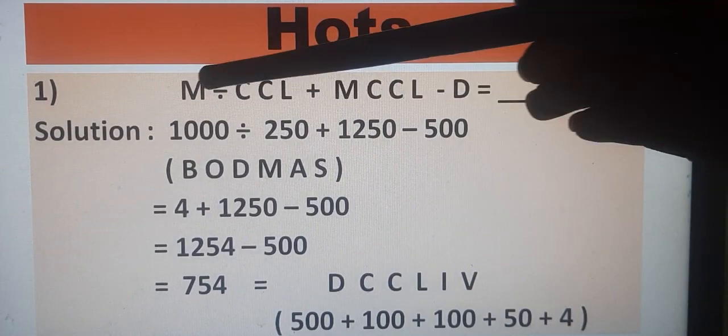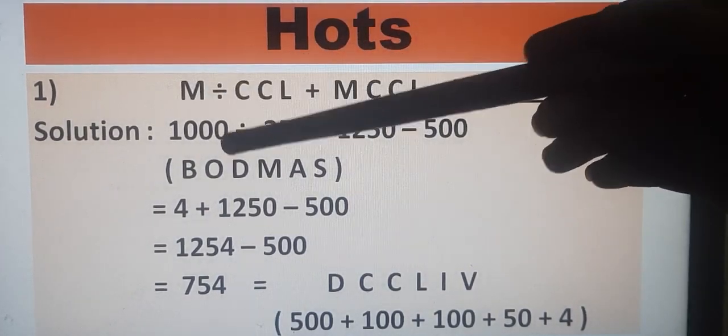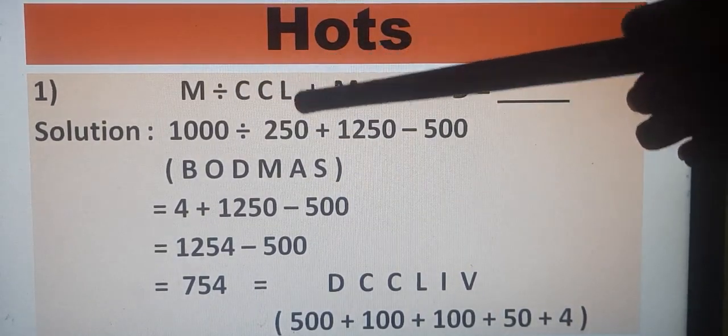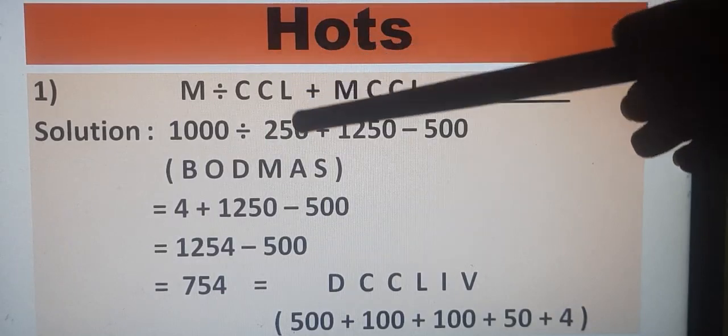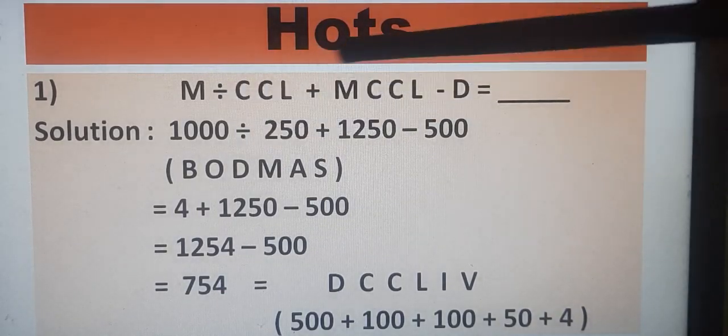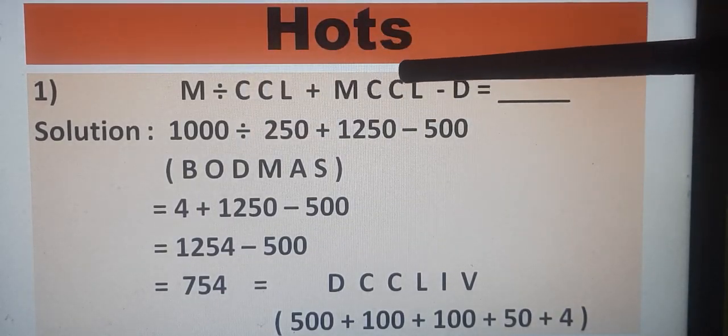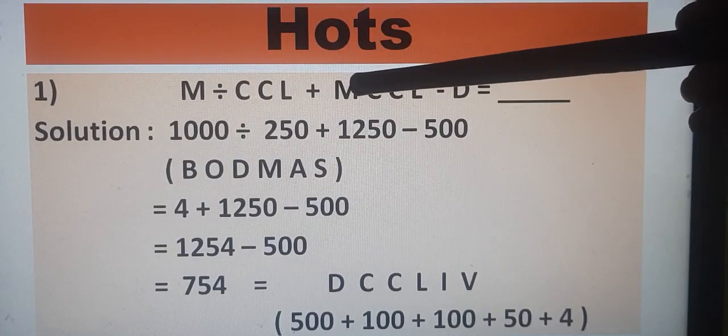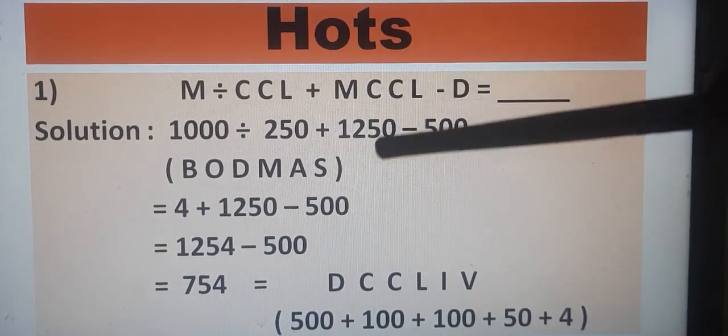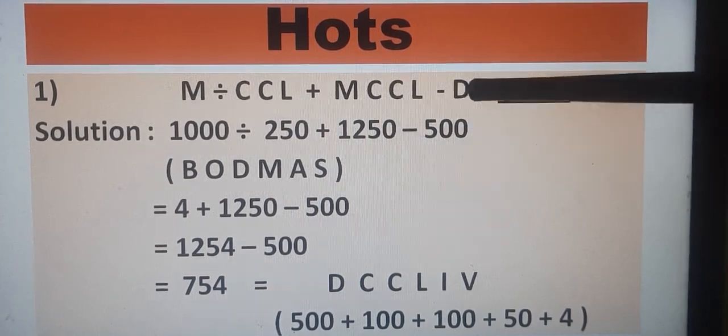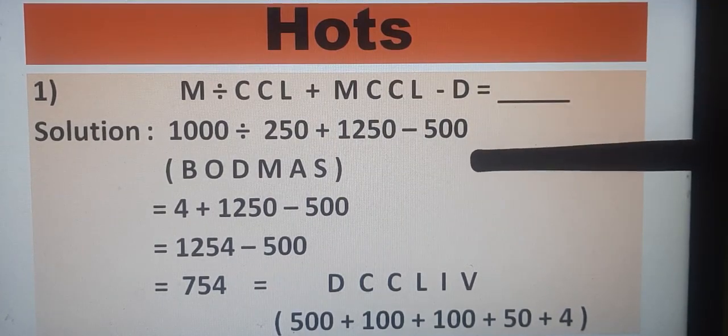So first of all you write down the value. M is 1000. CCL, 100 plus 100 plus 50, 250. Put division sign here. MCCL, 1000 plus 100 plus 100 plus 50, 1250, minus D is 500.